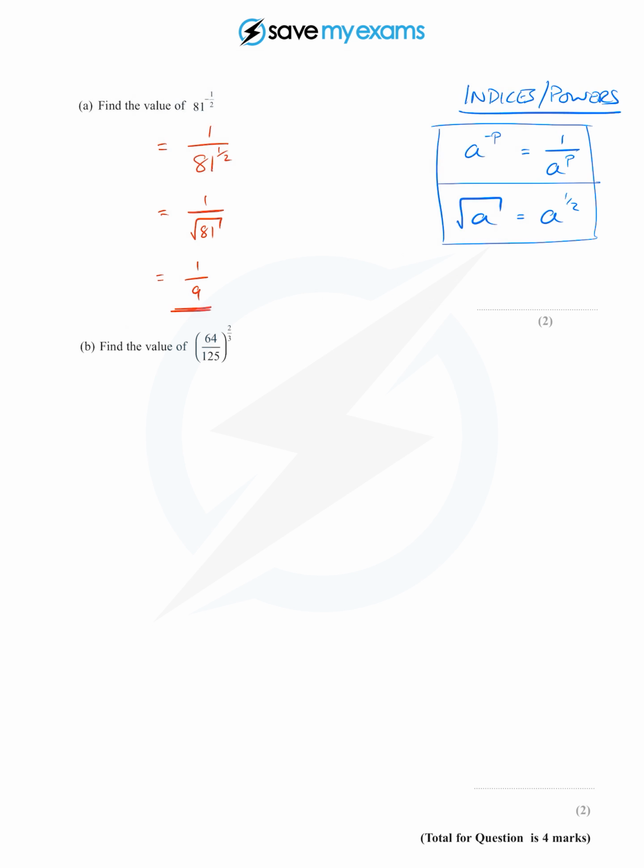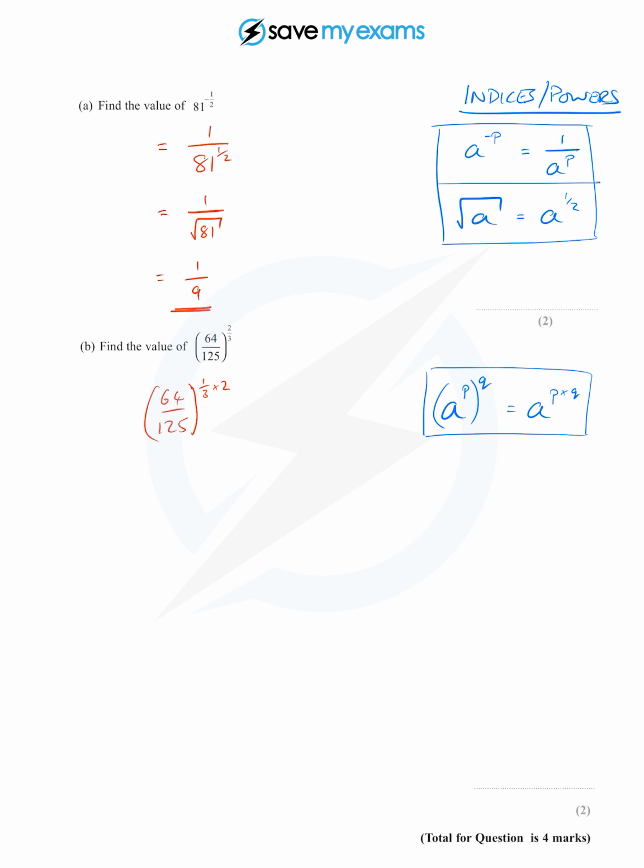Well, when we're dealing with fractions, we really want to separate the fractions out. And you should remember that a to the power of p to the power of q is a to the p times q. And we're going to use that rule sort of backwards, as it were. Okay, and that we're going to separate out this 2/3 in the power to be, well, let's call it a third times 2.